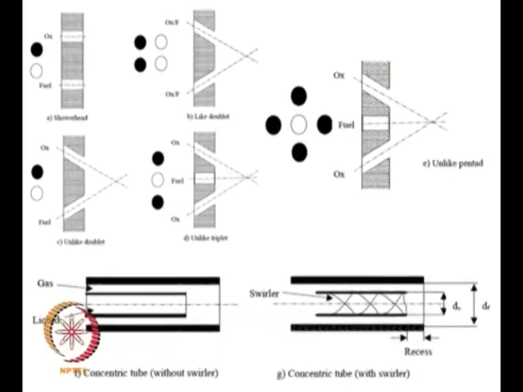Whereas if you look at this, it is an unlike impingement, that is, you have oxidizer coming and impinging on fuel. This kind of arrangement people would not use when they are using hypergolic fuels, right.